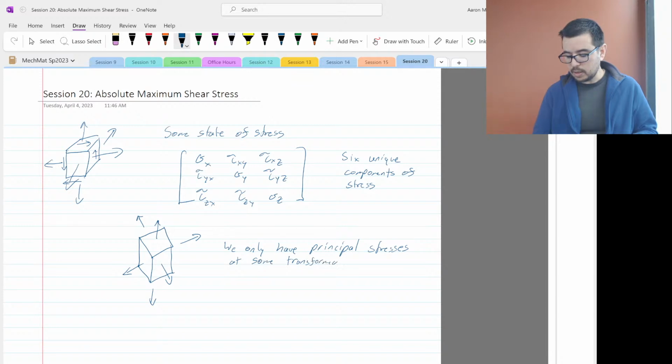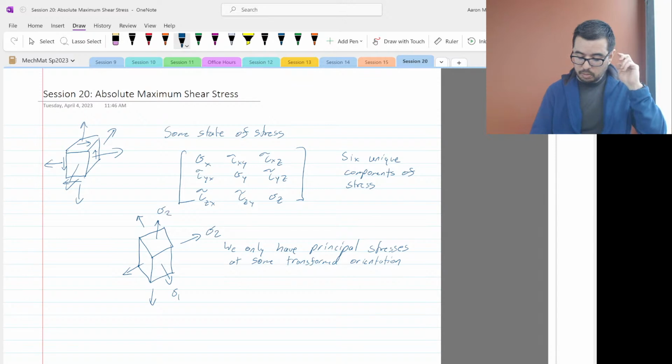It's kind of redundant to say it this way, but orientation. And so we're going to have a sigma 1, a sigma 2, a sigma 3.